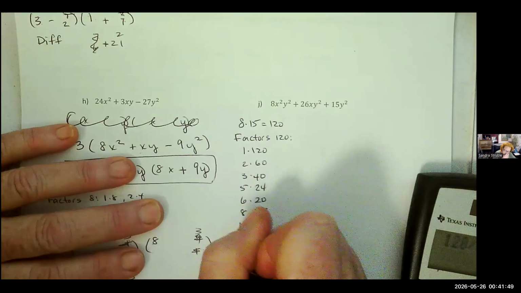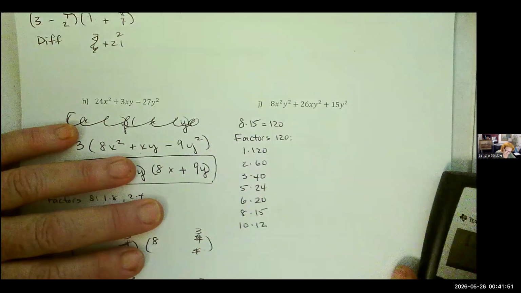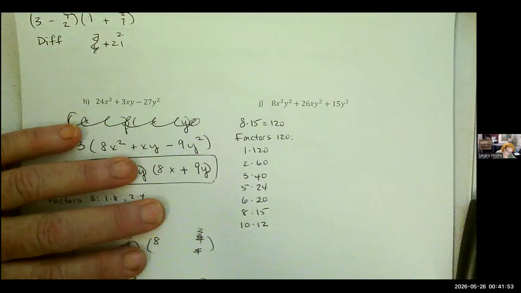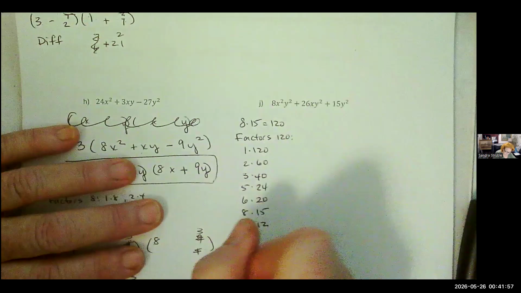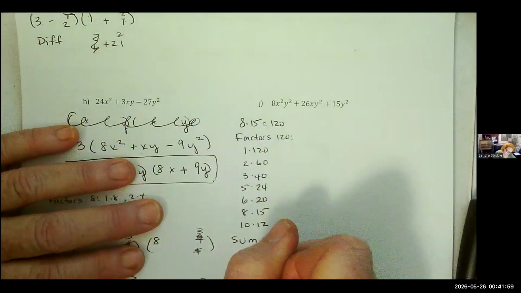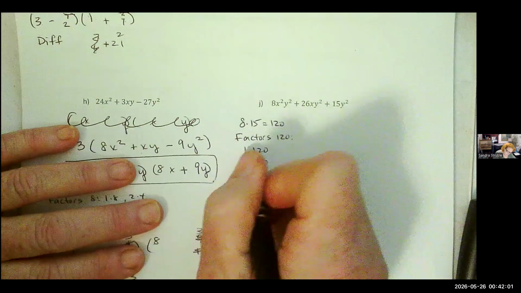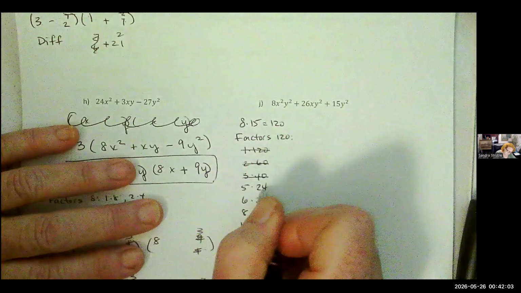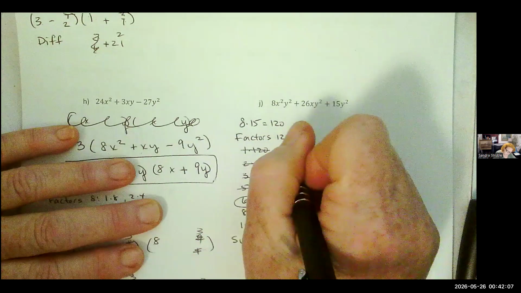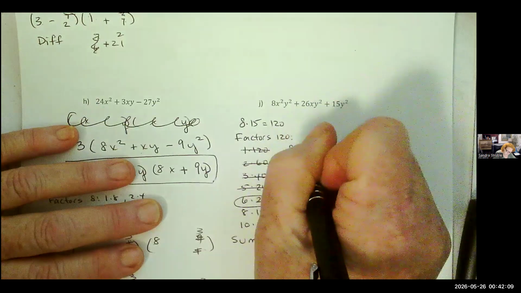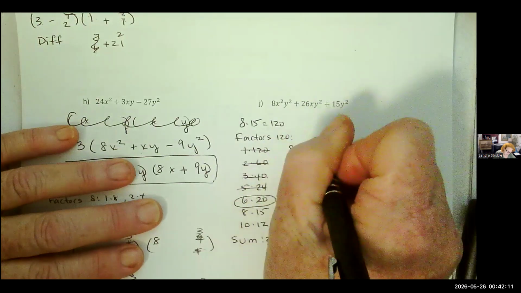That's it. All right. The sum needs to give us 26. So nope, nope, nope, nope. There it is. So we're going to write 8x squared y squared plus 6xy.